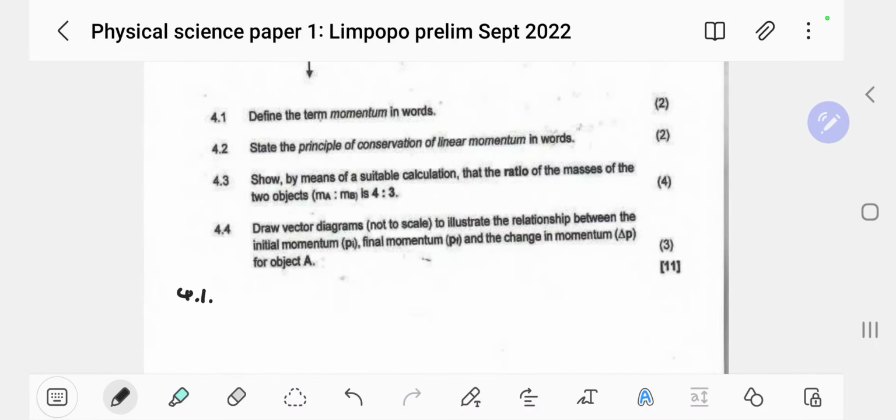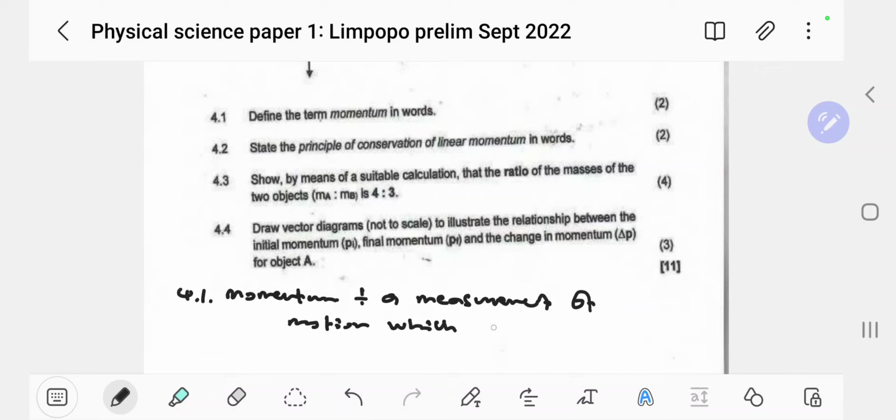We can say it's a measurement of motion, which represents the product of the mass (K is the mass) and velocity of an object.